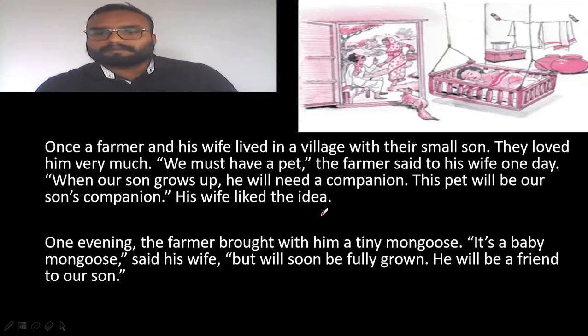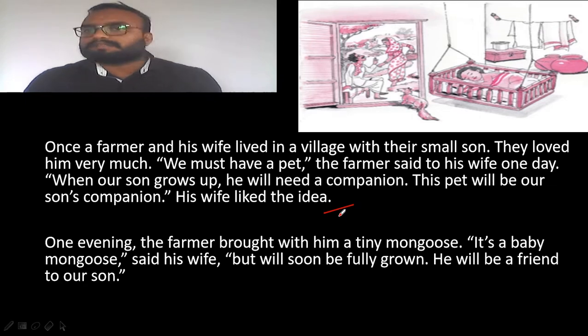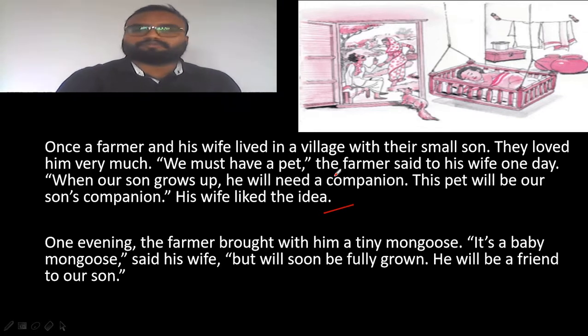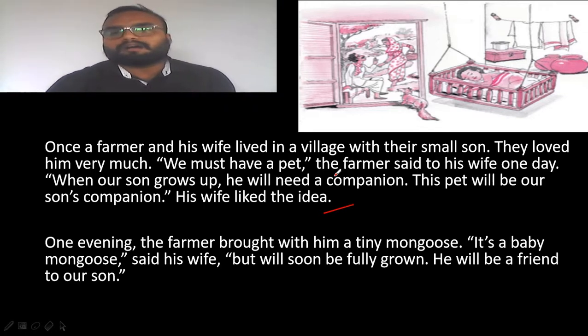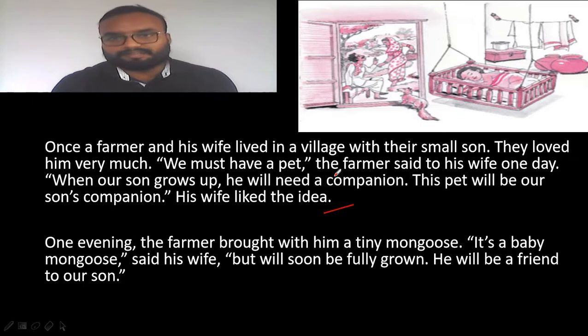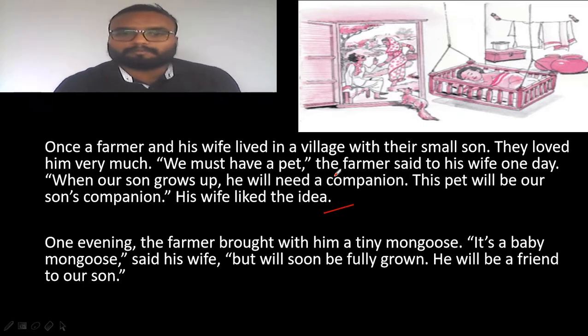So in the first paragraph, the story starts, it opens in the farmer's house. The farmer told his wife that right now our son is small, but when he grows up, he will need someone to play with. He will need a friend with whom he can play, roam here and there, and share everything.